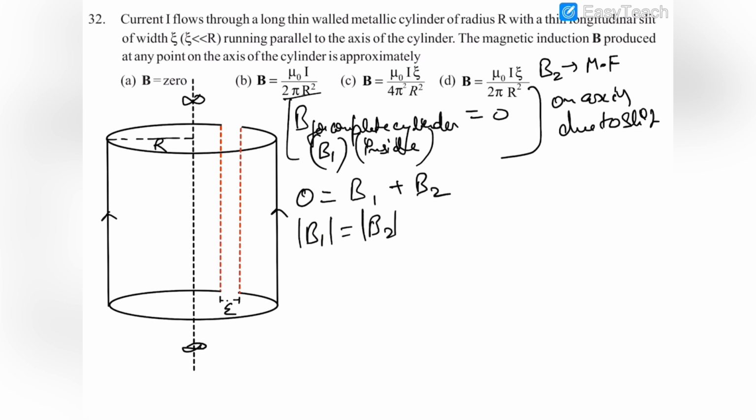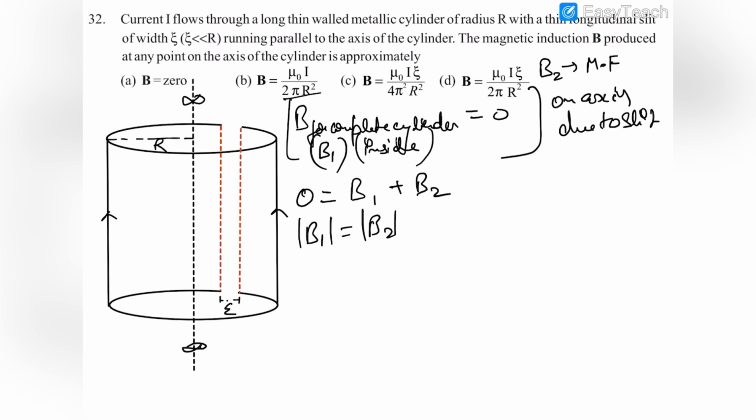So we just need to find the magnetic field due to this small part. The current is flowing through the surface only, and the cross-sectional length of the surface is 2 pi r, and this width epsilon is also a part of its cross-sectional length.